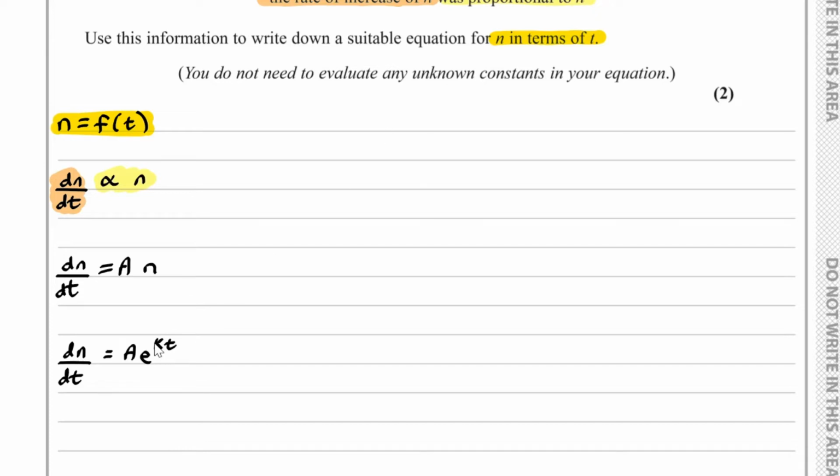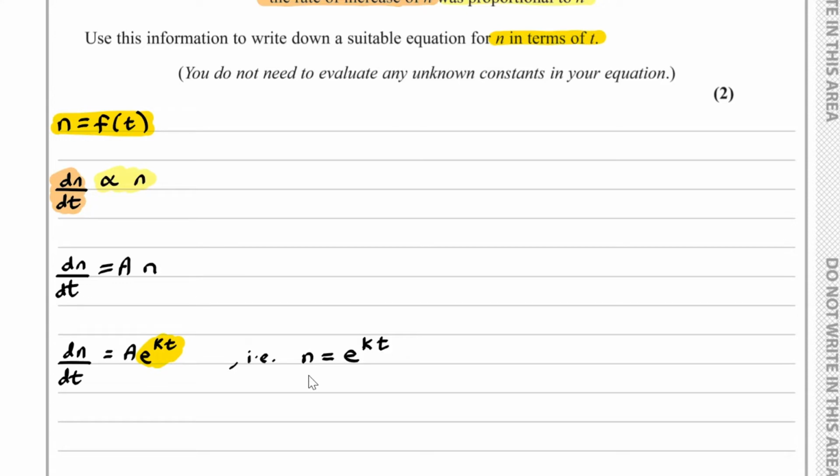So here e to the power of kt is our function for n in terms of t, i.e. n is equal to e to the power of kt.